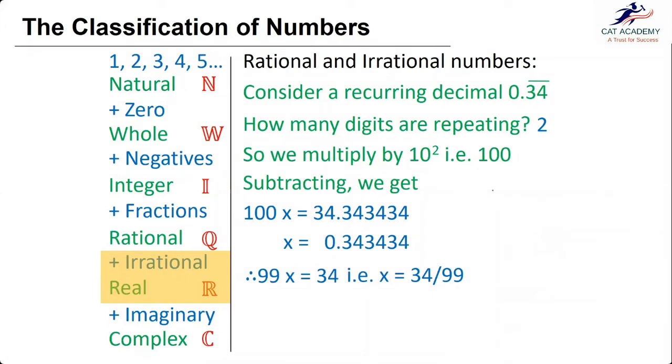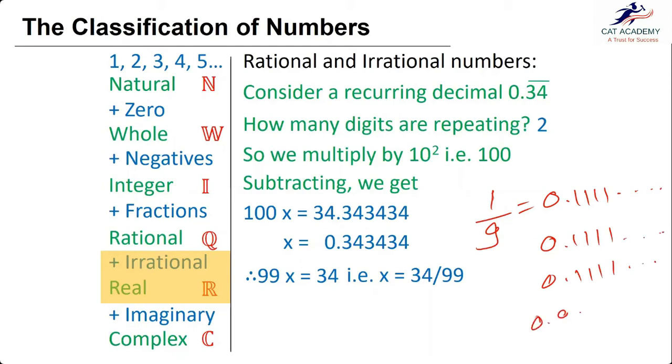See, in general, can you tell me what is 1 by 9? It is 0.111, correct? So if I take 9 such 1 by 9s, what do I get? 0.111, 0.111, 0.111, 9 times. If I add all of them, what should I get? 0.9999 and so on.